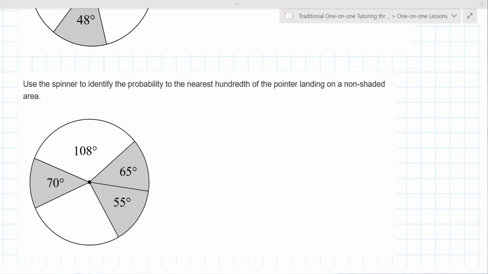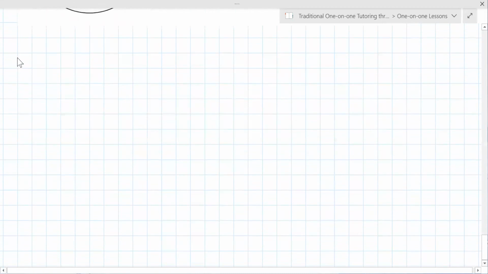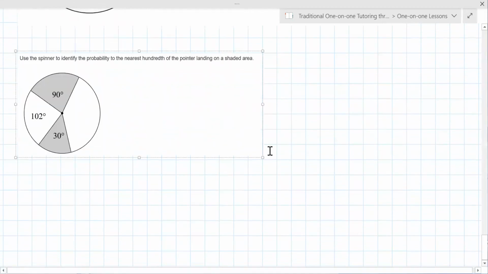Okay, I get 0.47. 0.47, you said? Mm-hmm. Okay. All right, now the last one is a small variation on it. This time they want the shaded area, not the unshaded area. So let me snip it in here. Okay, so they want the shaded area.